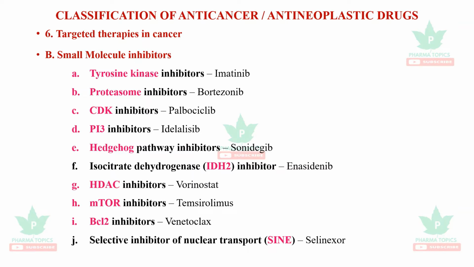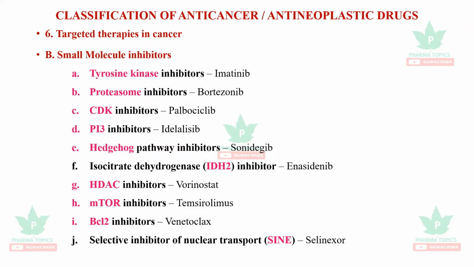There are several small molecules which are concerned with the uncontrolled proliferation of cells, that is cancerous cells. They are tyrosine kinase inhibitors, imatinib, proteasome inhibitors bortezomib, CDK inhibitors palbociclib, hedgehog pathway inhibitors sonidegib, histone deacetylase inhibitors vorinostat, isocitrate dehydrogenase IDH2 inhibitors enasidenib, BCL2 inhibitors venetoclax, then selective inhibitor of nuclear transport SINE, that is selinexor.